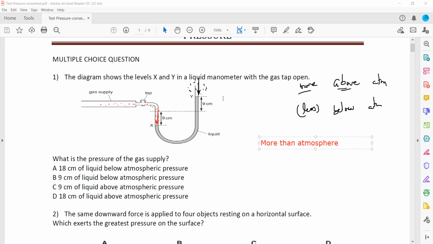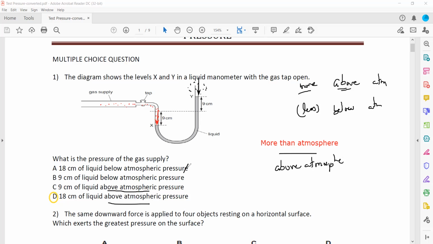It is more than atmosphere because the gas is pushing much harder, exerting more pressure. That's why the liquid level is lower. So it means the gas pressure is above the atmosphere. When it is more than atmosphere, we also use that it is above atmosphere. That is first thing. So options with above atmosphere can be an answer. So it can be C or it can be D.